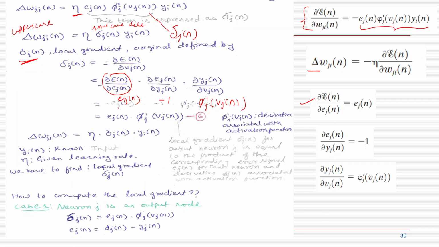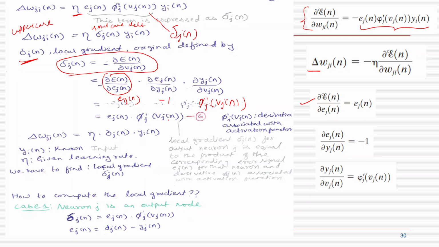When we take this negative and this negative, they cancel out, and it comes from this particular term. Therefore, we call this equation 6, because phi dash j of Vj of n is a derivative associated with the activation function.